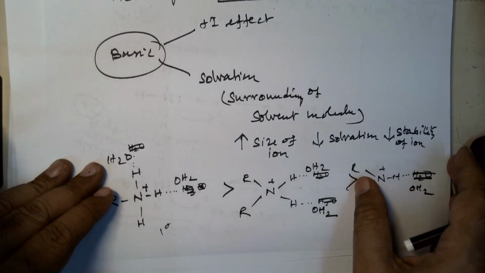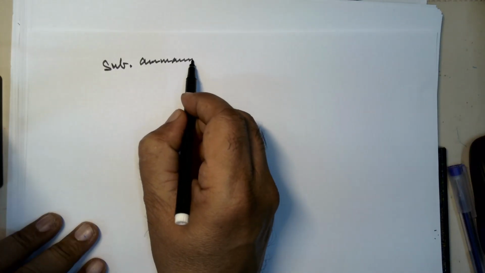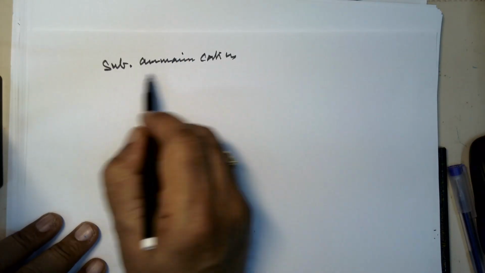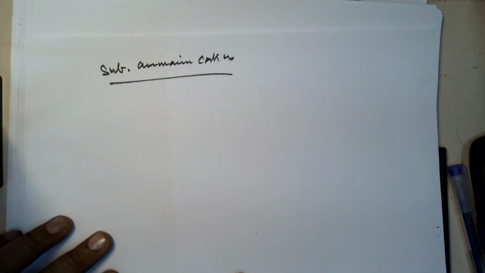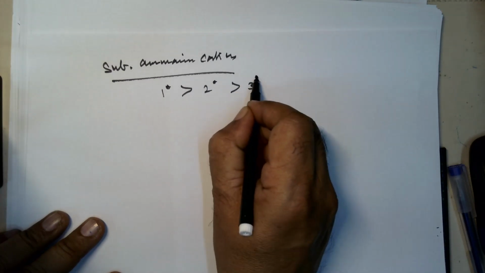And in the case of substituted ammonium cations, the order of basic nature will be primary greater than secondary, greater than tertiary.